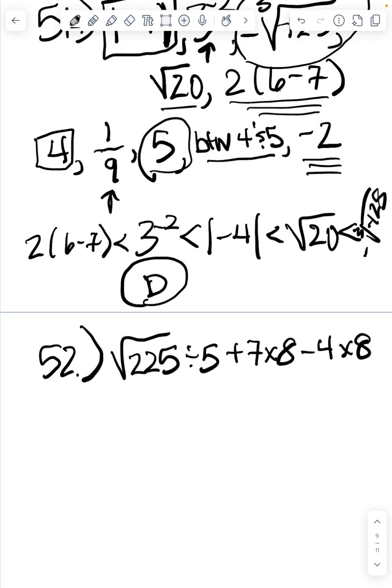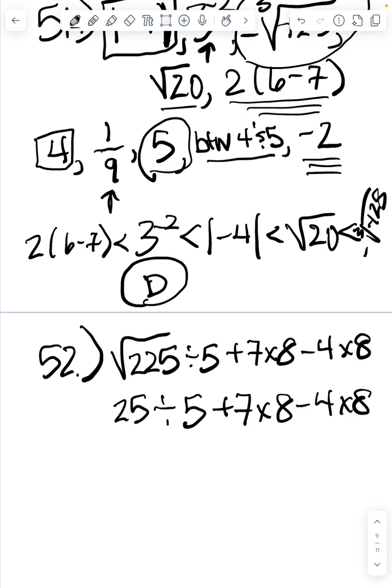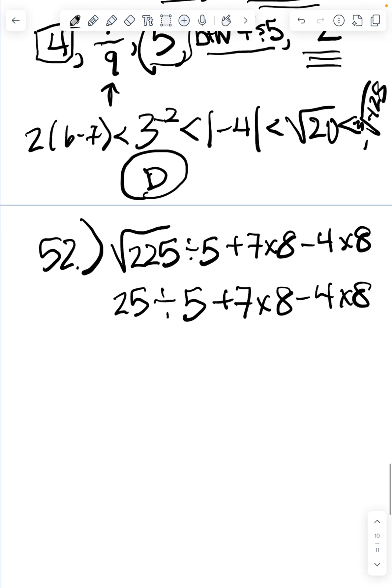Square root of 225 is 25. Divided by 5 plus 7 times 8 minus 4 times 8. Next thing you always do is any multiplication or division. So 25 divided by 5 is 5 plus 7 times 8 is 56 minus 4 times 8 is 32.